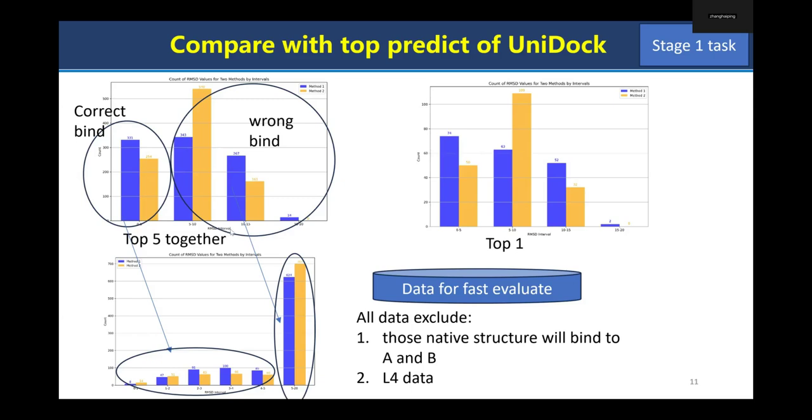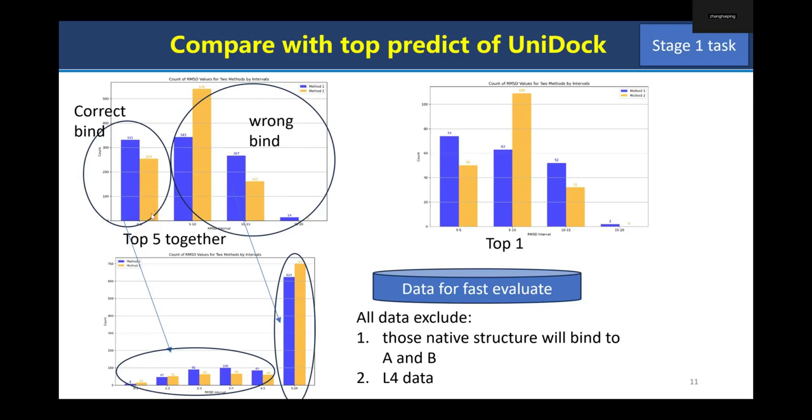We can assume that when the conformation RMSD value is larger than 5 angstroms, it usually means the prediction is not right anymore, and it's not so important how large it is.